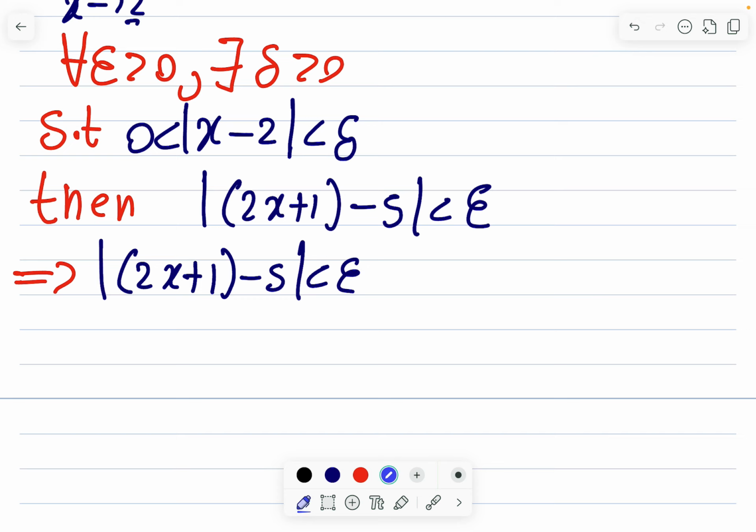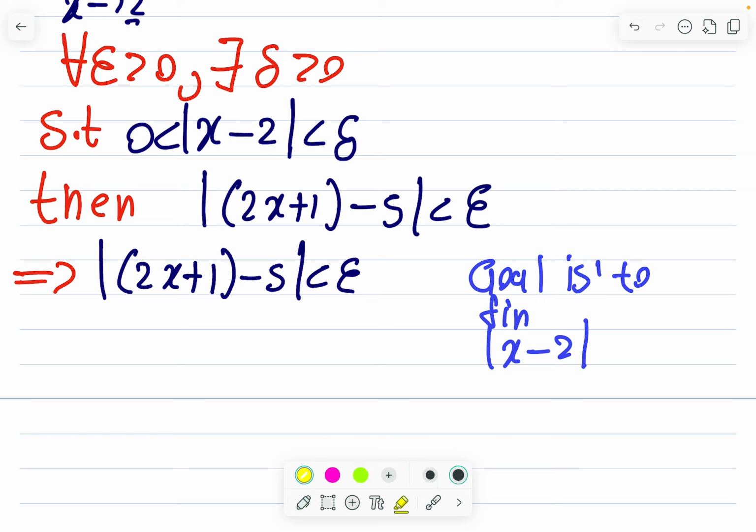Remember, our goal is to find x minus a, which is x minus 2 in this case. This is our goal now, so we are forced to find this. Understand?